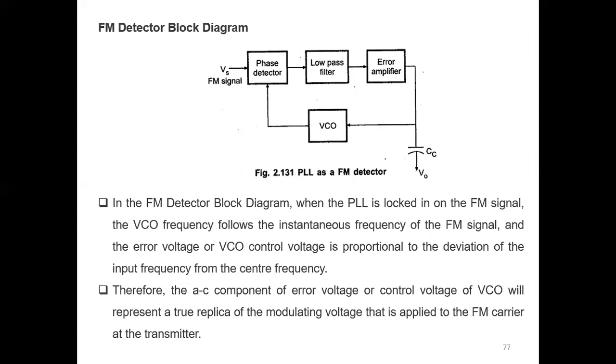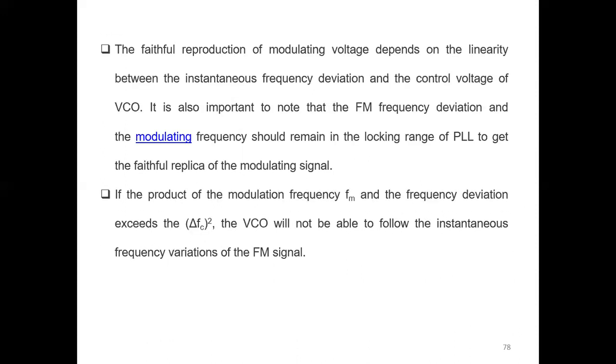Therefore, the AC components of the error voltage or control voltage of the VCO will represent a true replica of the modulating voltage that is applied to the FM carrier at the transmitter. The faithful reproduction of the modulating voltage depends on the linearity between the instantaneous frequency deviation and the control voltage of the VCO.